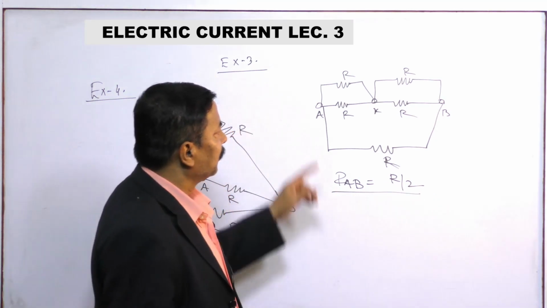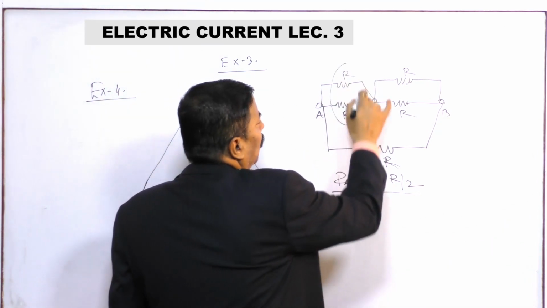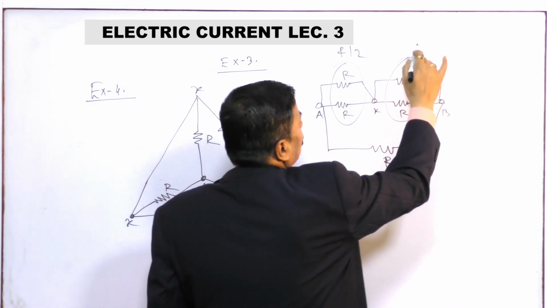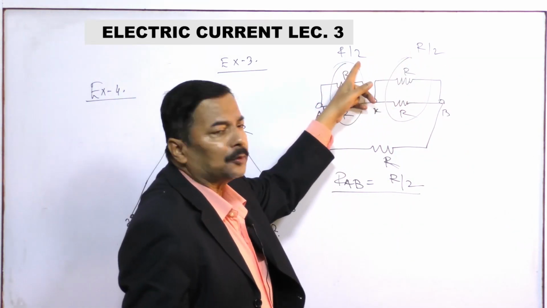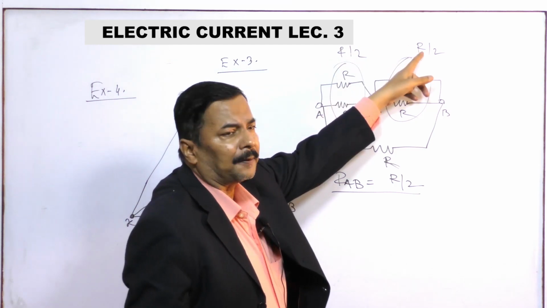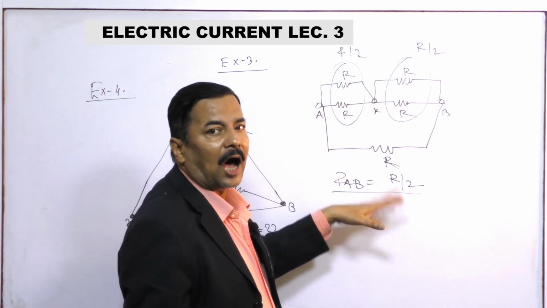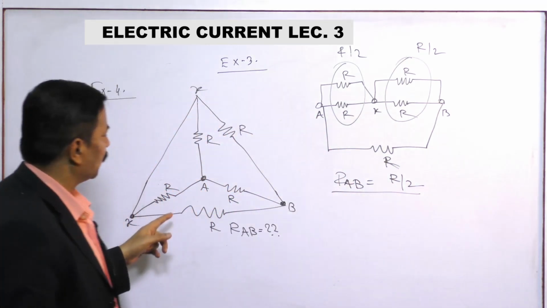Again you see, this R is in parallel, so this will be R by 2. Now this R by 2 and this R by 2 are in series, so it will become R, and this R is in parallel, so ultimately it is R by 2. In this way we can solve this question.